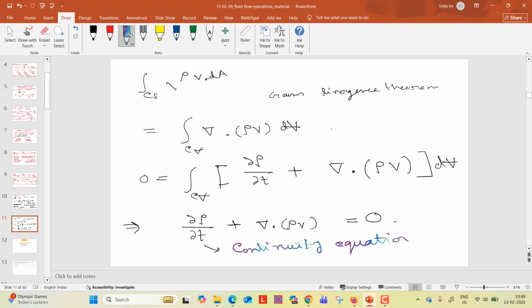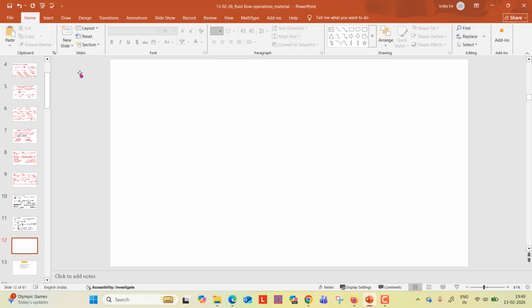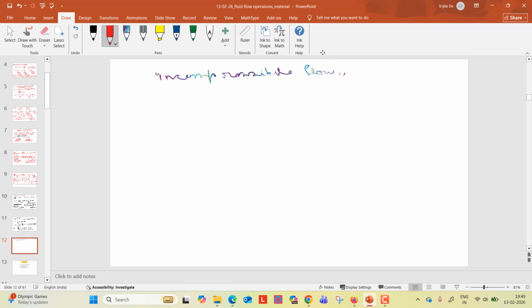Okay. And now if we are considering it as an incompressible flow, for incompressible flow, you already know that the change of density with time is very negligible, so it is almost zero, right?